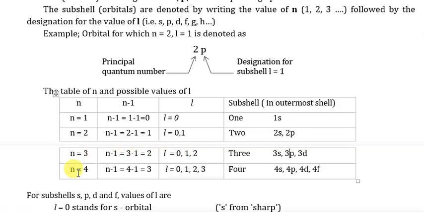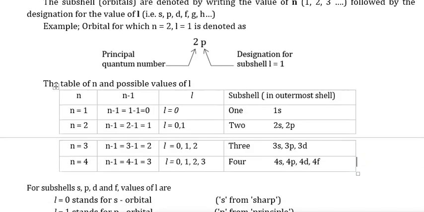Lakini if n is equal to 4, then n-1 will be equal to 3. So L will be equal to 0, 1, 2, 3. Na kwa hizo L sasa tutakuwa na 4s, 4p, 4d and 4f. I hope up to here umeshaelewa kuhusu azimuthal quantum number.